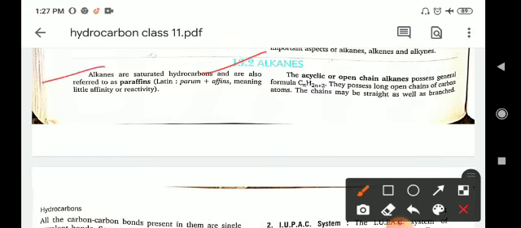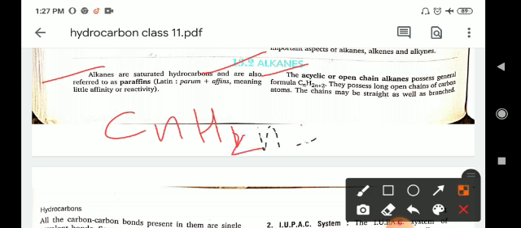Alkanes are the saturated hydrocarbons and are also referred to as paraffins, from the Latin parum plus affinis, meaning little affinity, or little reactivity. Acyclic or open chain alkanes possess the general formula CnH2n+2.